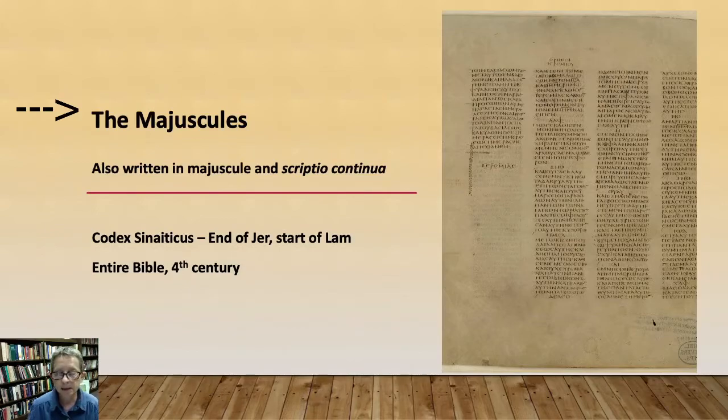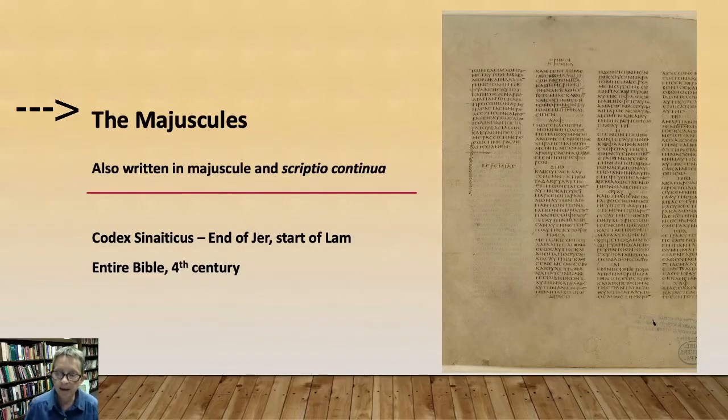The earliest complete or nearly complete copies of the whole New Testament came at this time, and a few of them are the entire Bible, and they belong to the majuscule grouping. So starting a little later than the papyri, around the year 300 or so, and moving forward.